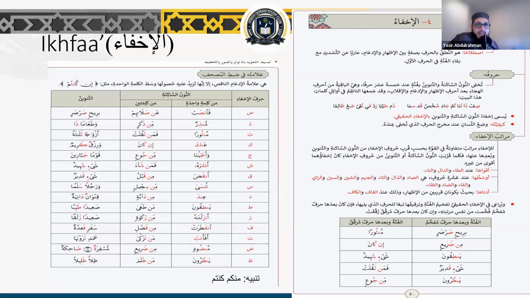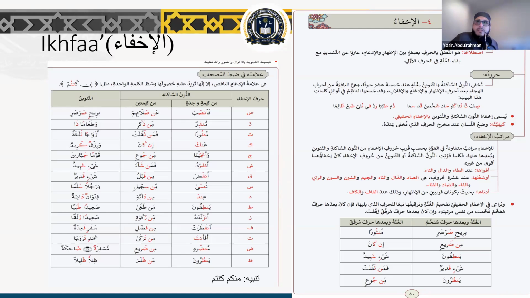Except with two letters, the qaf and the kaf. These two letters are special because there is a complete closure on them when you pronounce them with ikhfa. With every other letter, that is not the case. There is still an opening where there is some form of sound coming from the mouth, right?